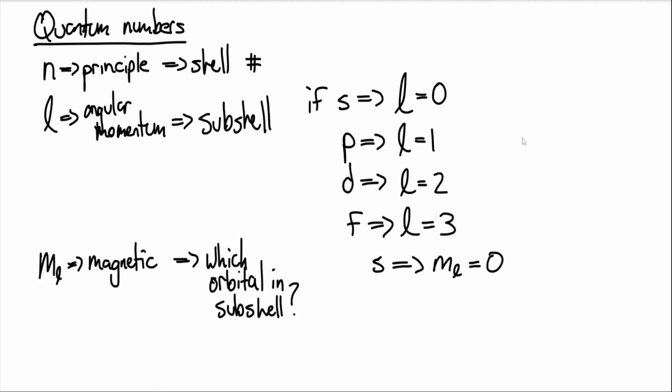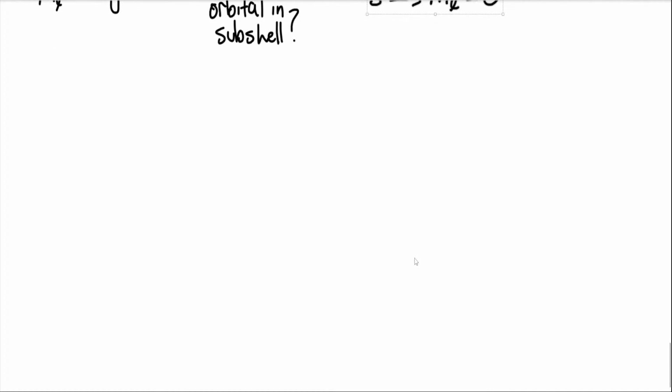Basically, 0 means 1. This doesn't really make sense in the S because there's only one spot, right? But in the P, you're going to now have to ask me which P orbital. That's what we mean: which orbital in the subshell.